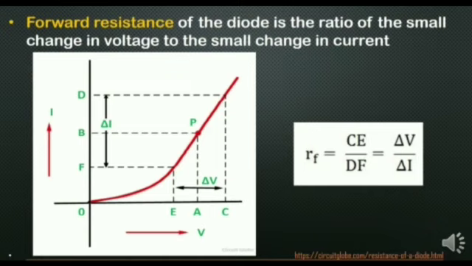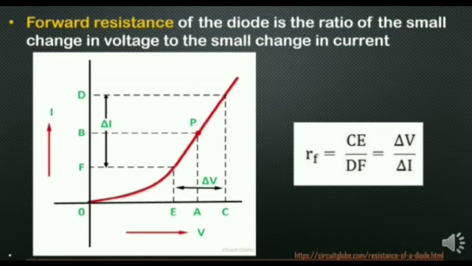We denote forward resistance as RF, and from this graph we can see that the small change in voltage is from C to E and the small change in current is from D to F. So the forward resistance RF is equal to CE by DF, which is equal to delta V by delta I, which is the small change in voltage by the small change in current.